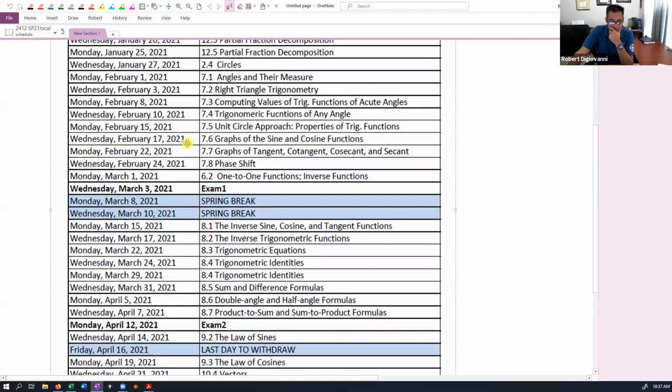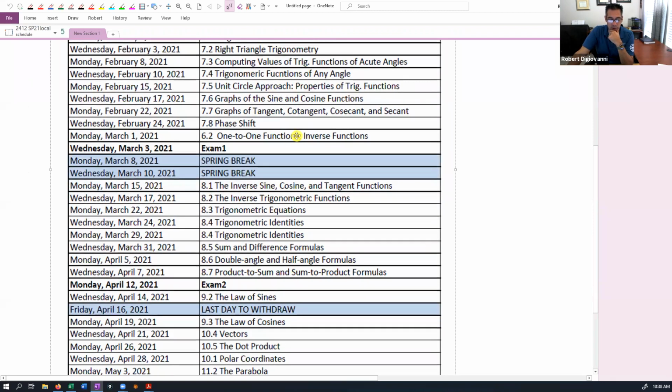So we did do graphs of sine and cosine on the test. We didn't do tangent. We didn't do phase shift. This is really a review topic, but I could put something on there from there. So what is it? 1, 2, 3, 4, 5, 6, 7, 8, 9.